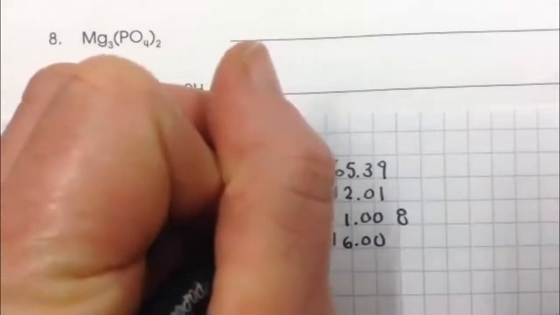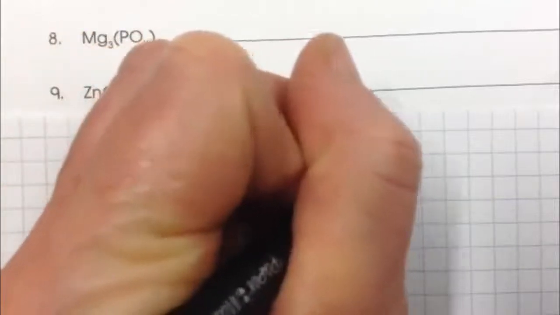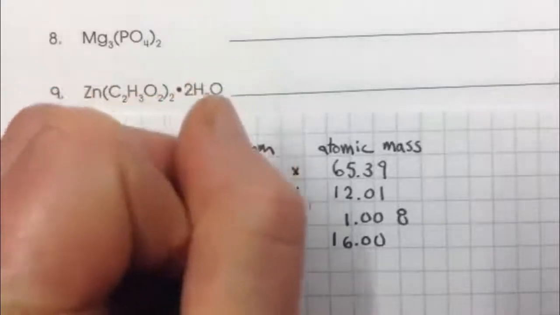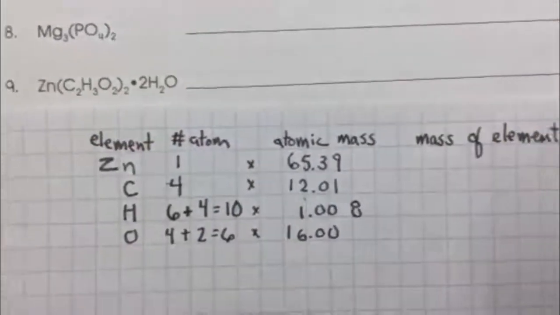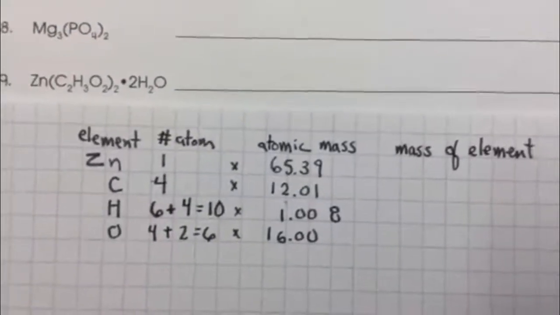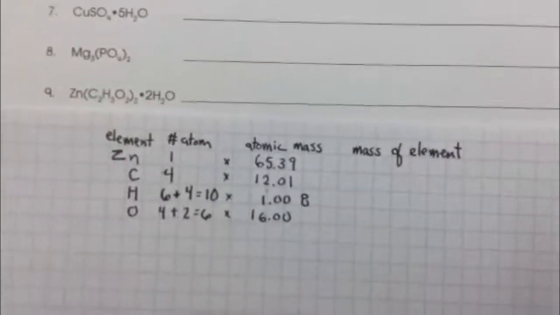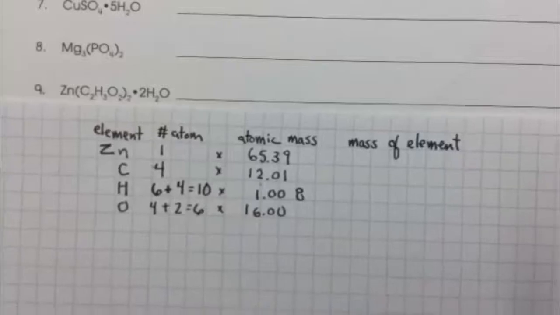So we have atomic mass, that's that weighted average, and with the number of atoms we're going to multiply those and we'll get the mass of element in the compound, and then when we add all of them up, we will have the mass of our actual compound. So we'll multiply, then add them up.